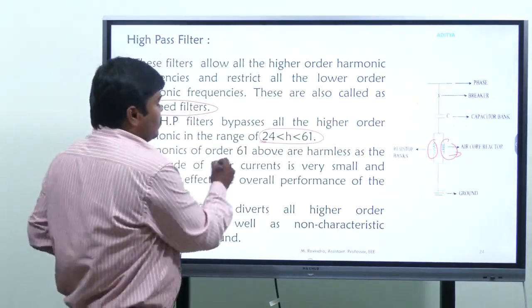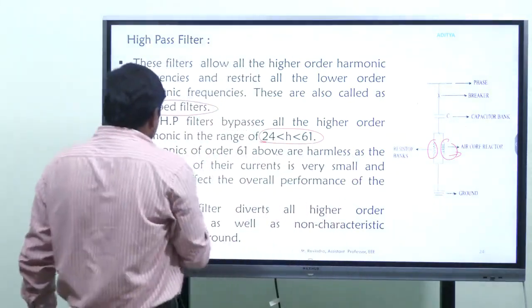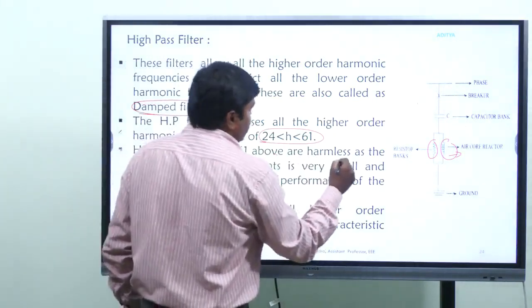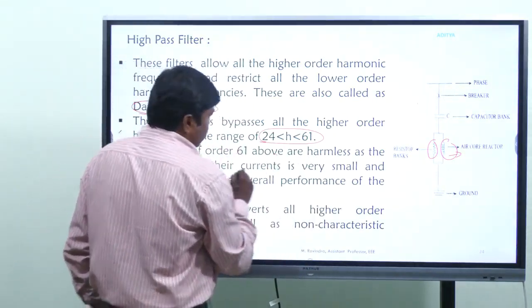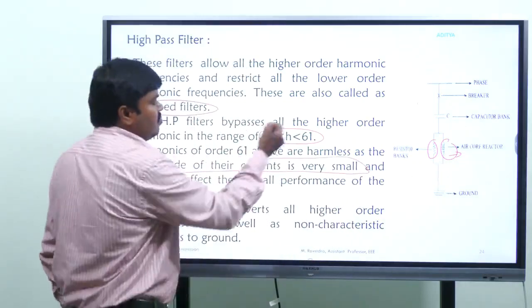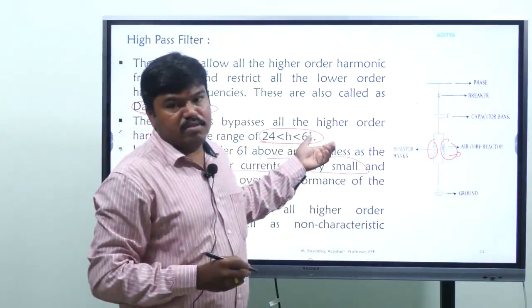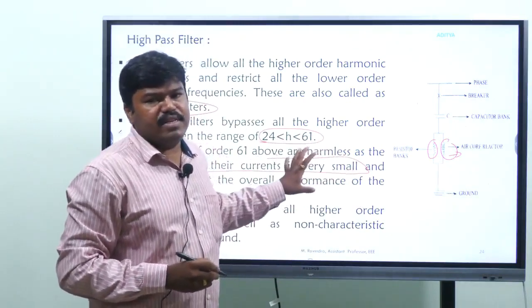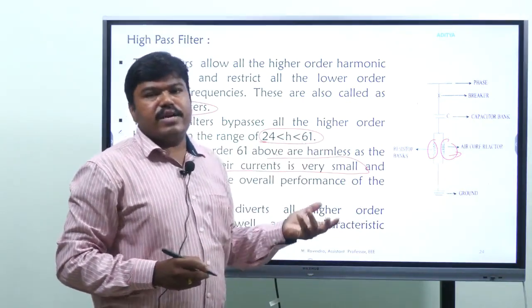Harmonics of order above 61 are harmless as the magnitude of their currents is very small. That means there is no need to design another filter for orders more than 61. If the order is higher than 61, there is no need to design any filter because there is no severity here.